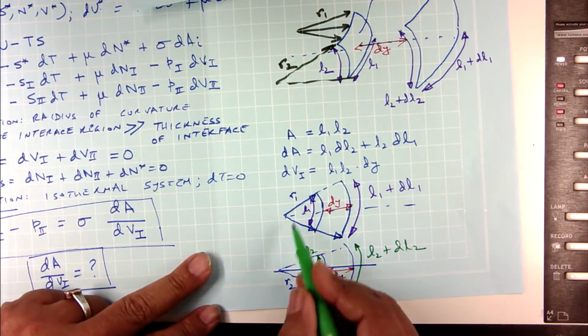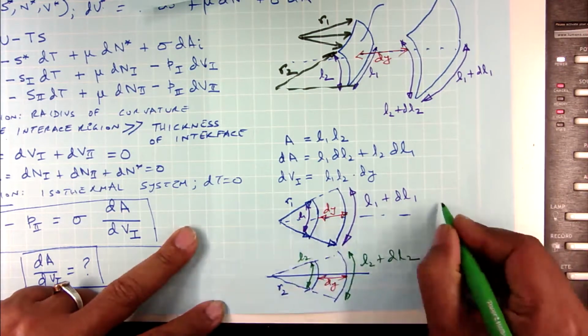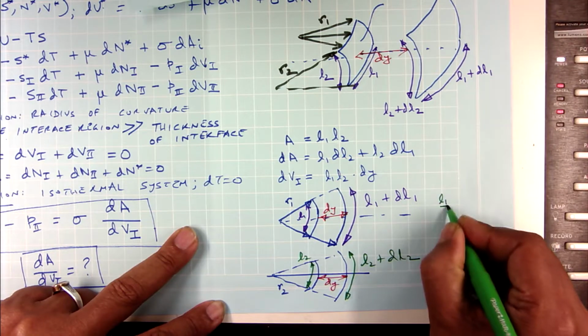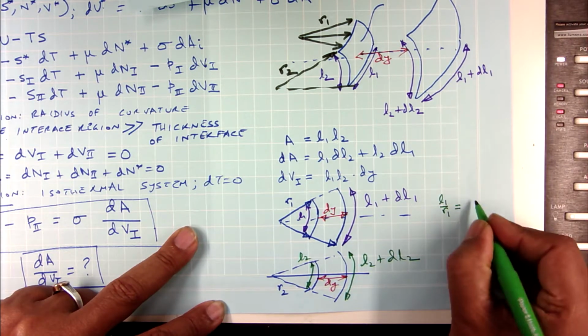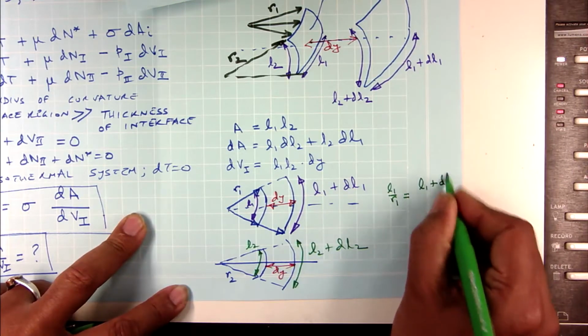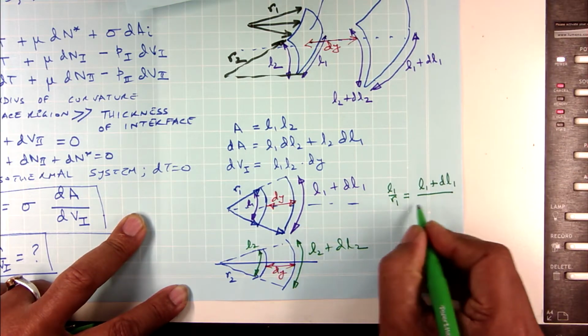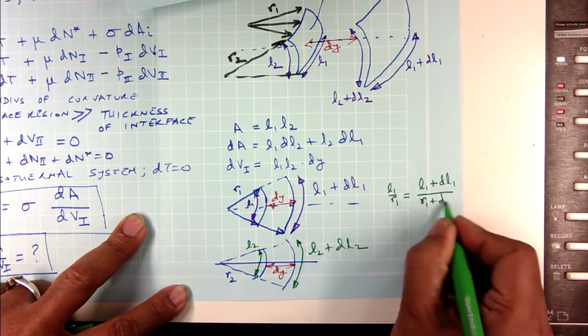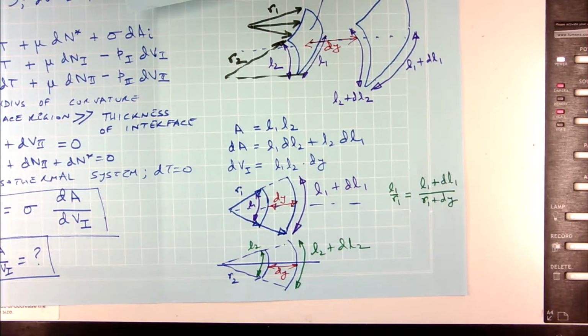So, if I use the similarity principle, then my L1 by R1 should be equal to L1 plus dL1 divided by R1 plus dy, isn't it?